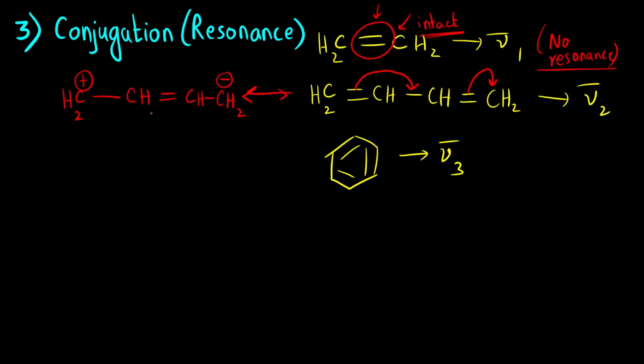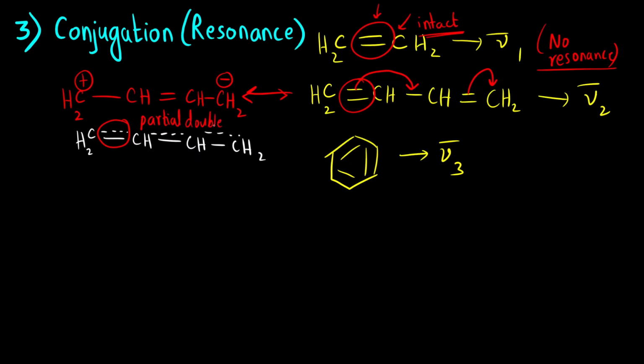Suppose I want to write the resonance hybrid: all the sigma bonds I will keep as they are, and the remaining conjugated part I will show with the help of a double bond. You can see that what was initially a double bond has now become a partial double bond. A partial double bond means it has got some single bond character, that is, the bond order is decreased.